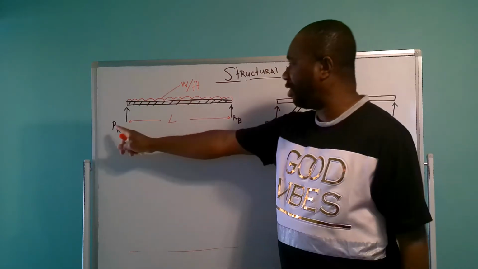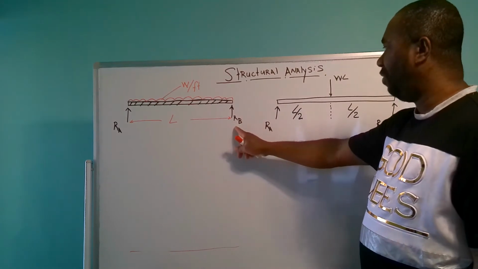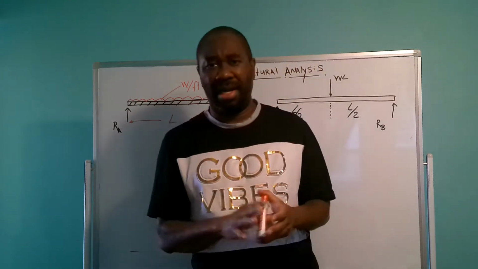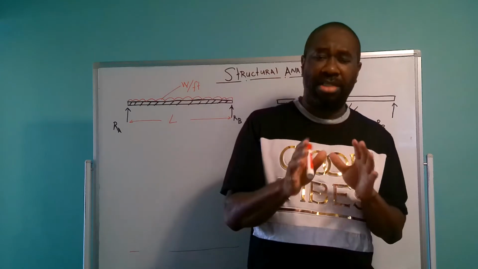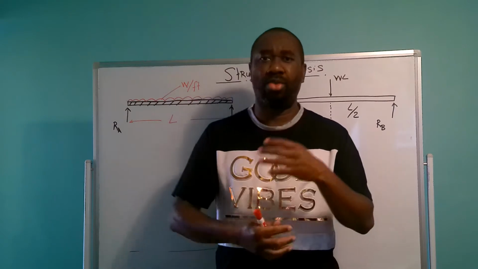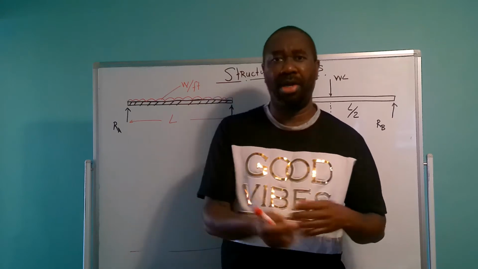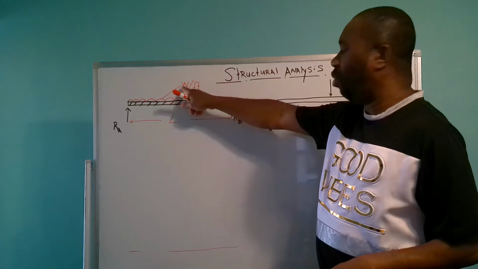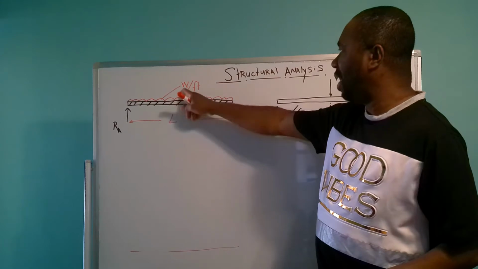On this side we have RA, meaning the reaction at A, and RB, meaning the reaction at B. In order to calculate the ultimate moment for a UDL, we have to convert that UDL to a point load. How do we convert that UDL to a point load? We simply multiply the length by the weight. So in this case, it will be L times W.